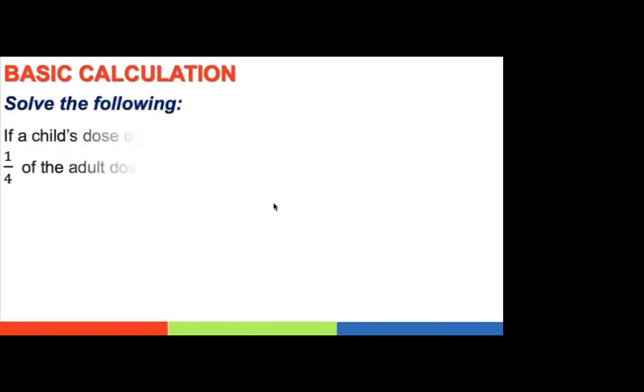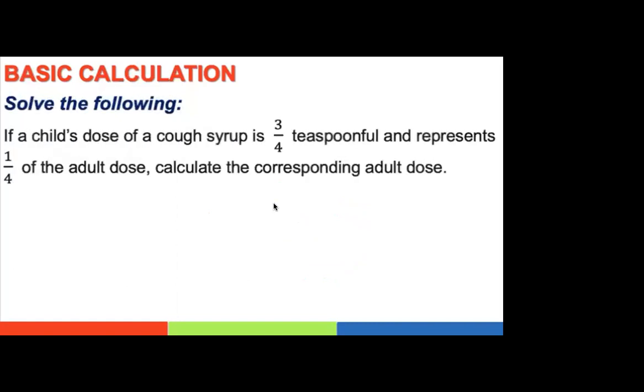How about this problem? If a child's dose of a cough syrup is 3/4 teaspoonful and represents 1/4 of the adult's dose, calculate the corresponding adult's dose.